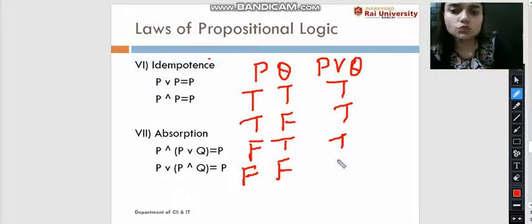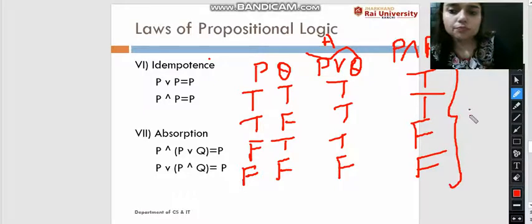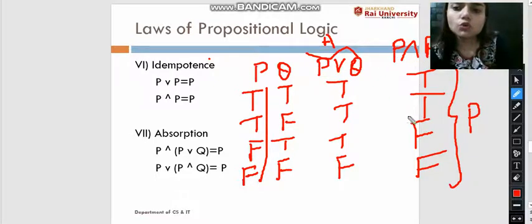Let's consider this as A. Then we perform P and A: true, true, false, false, which is equal to P. P is true, true, false, false, and P and A is also true, true, false, false.